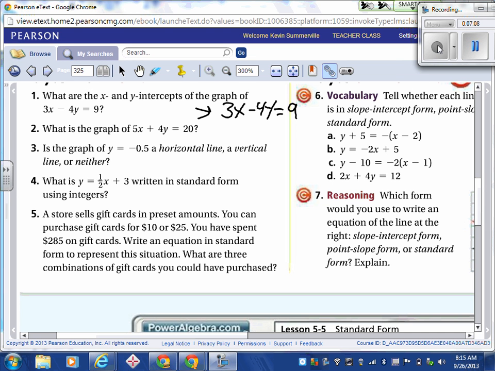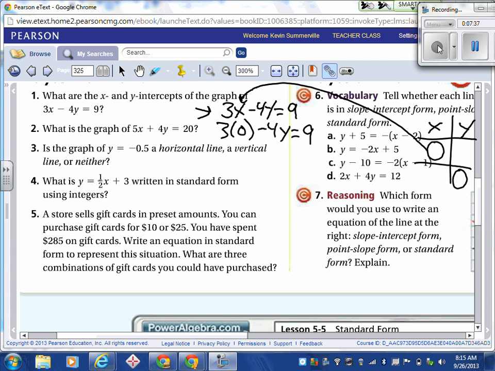I want to do my xy chart. So over here, I'm going to make my xy chart on the paper. I'm going to plug in 0 for x, and I'm going to plug in 0 for y. So I'm going to take this 0 and plug it in for the x. I'm going to rewrite it 3 parentheses 0 minus 4y equals 9. 3 times 0 is just 0.